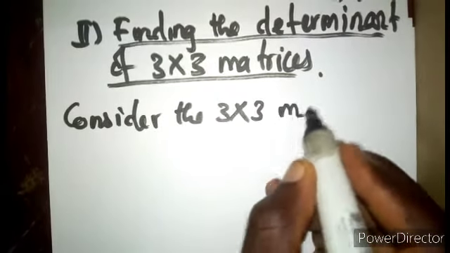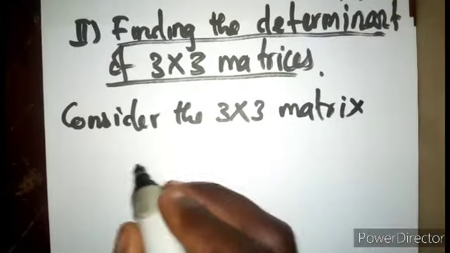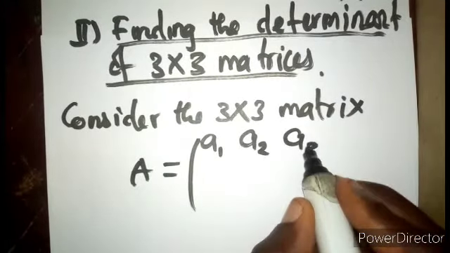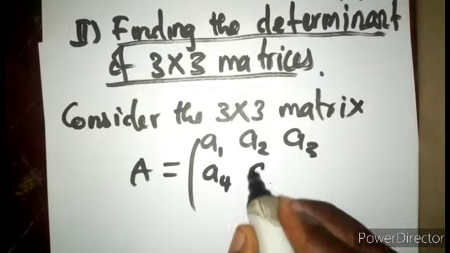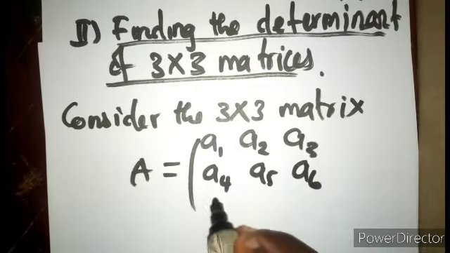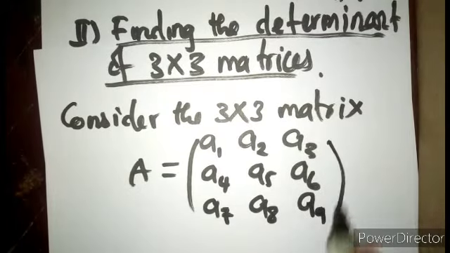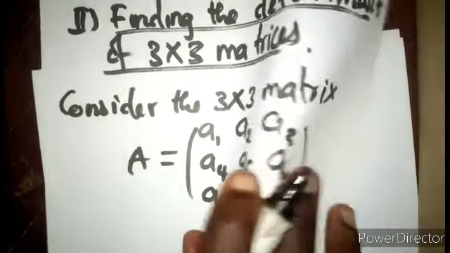So the 3 by 3 matrix A with entries A1, A2, A3, A4, A5, A6, A7, A8, A9.